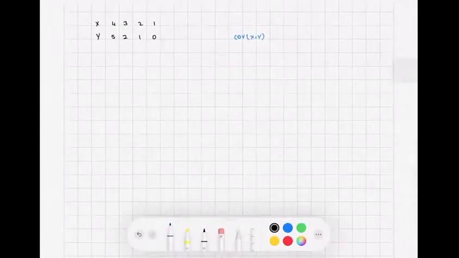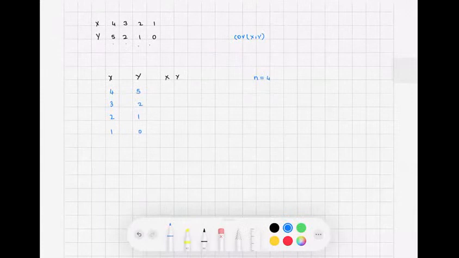Now x, y, xy. So the number of data points is 1, 2, 3, 4, right? So my n is equal to 4, random variable x is equal to 4, 3, 2 and 1, y is 5, 2, 1 and 0.